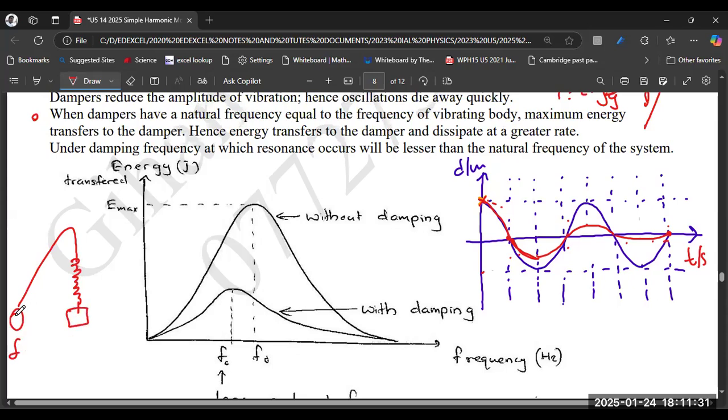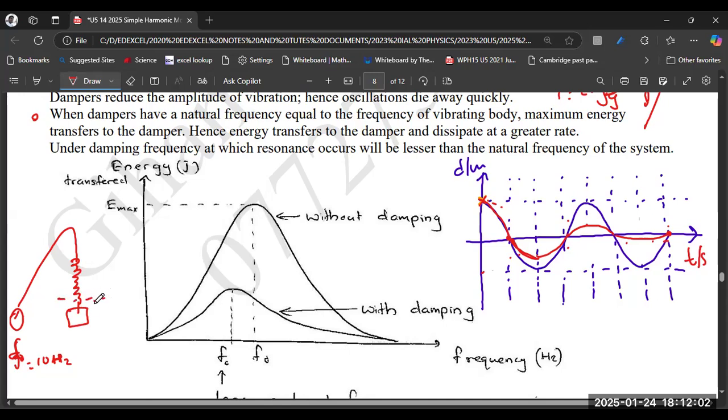So this one, we can change the frequency of this vibration. Forget about the damping graph first. Let's say I'm giving 10 Hertz. When I give 10 Hertz to this vibrating body, then the spring mass system will also vibrate.